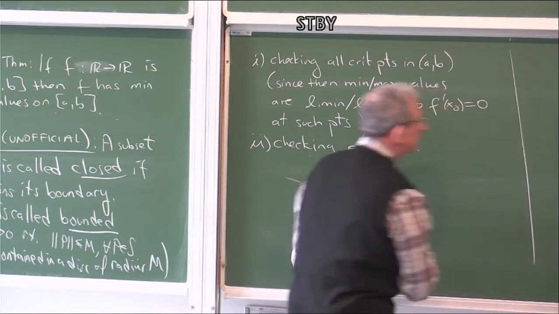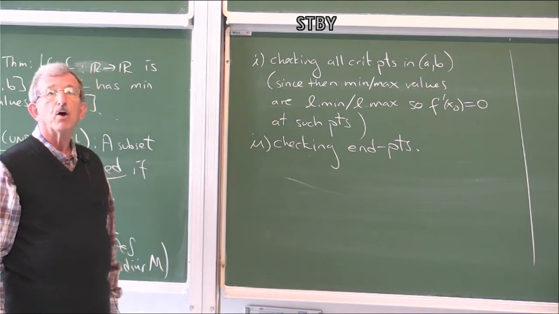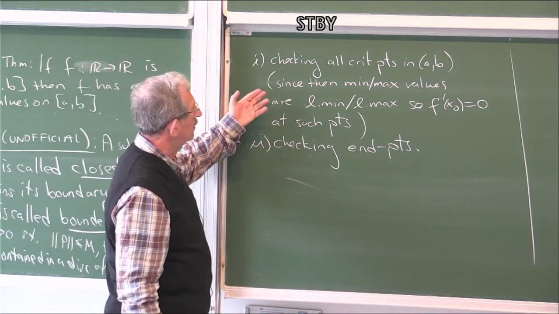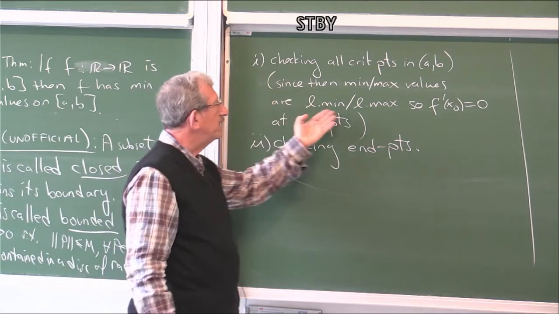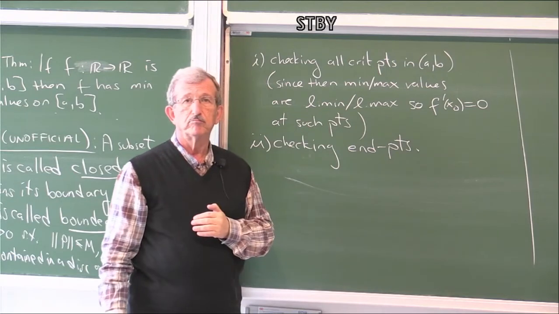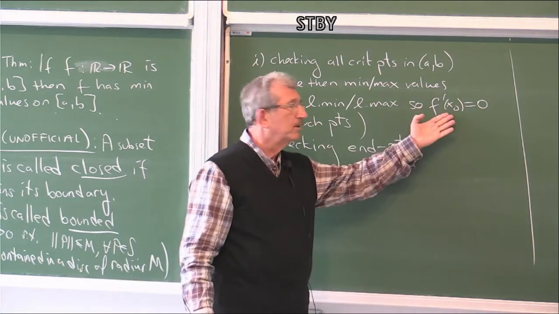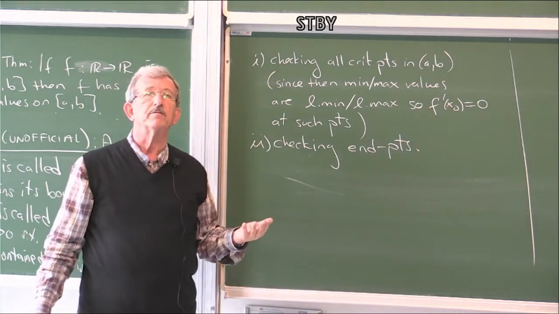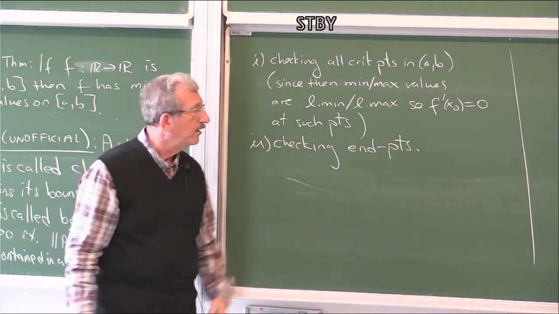Now, in this case, we have some difficulties. Okay, what are they? Firstly, what are local minimum and local maximum? That's one thing. Secondly, what's a critical point? Derivative must be 0 in one variable, but we don't have a derivative in two variables. So we have some trouble there.